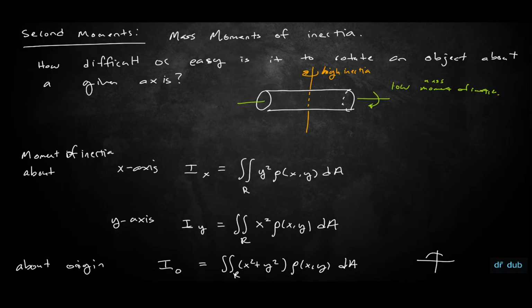You could think of that as going this way, if you were to try to spin it around the origin, not the x-axis or y-axis, but just around the z-axis. Any questions about that setup, or what those mean?